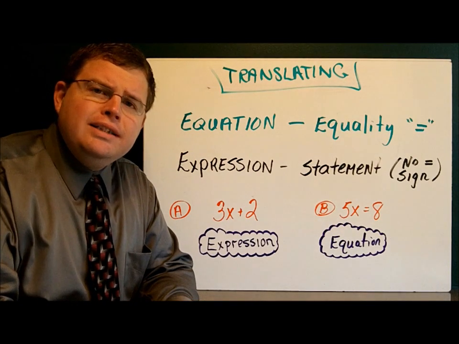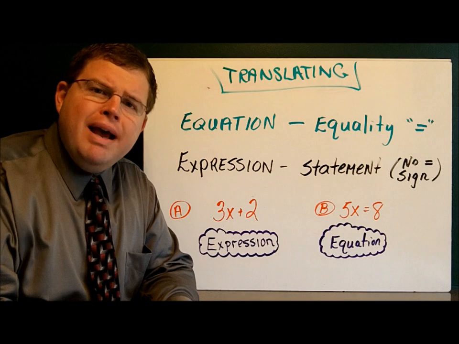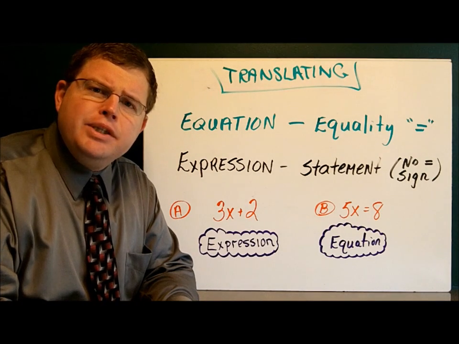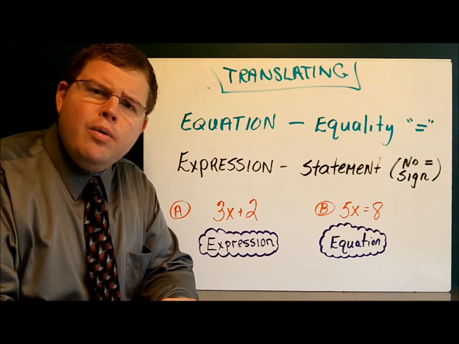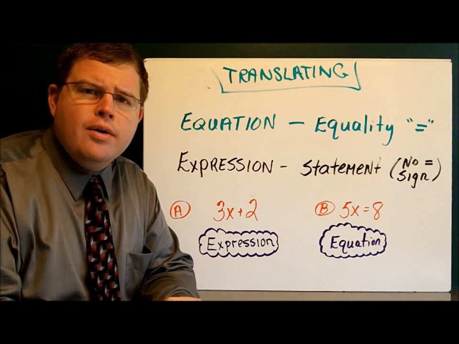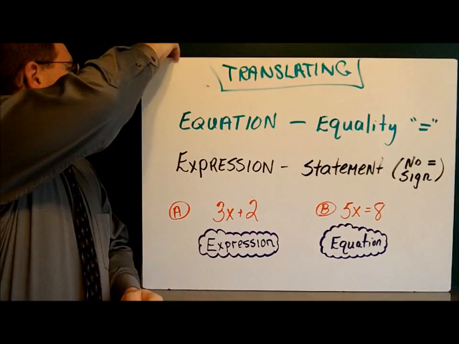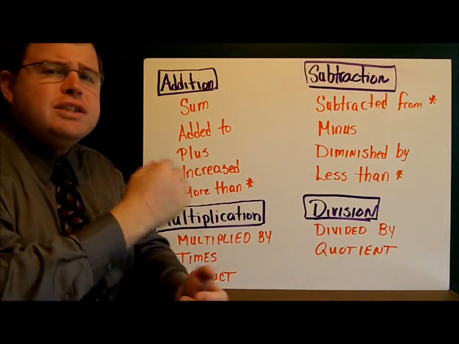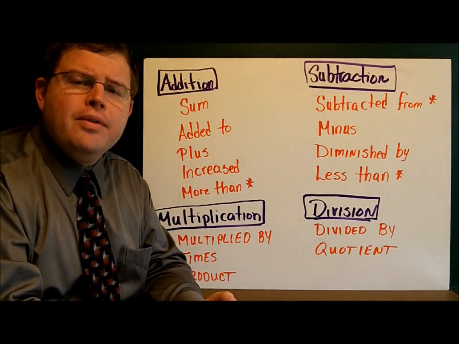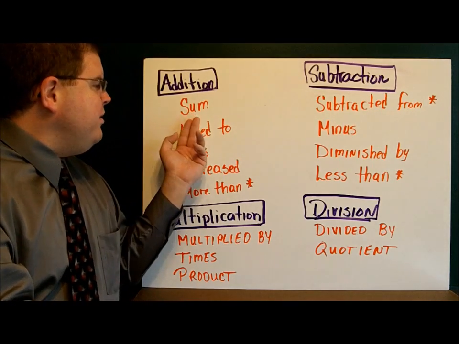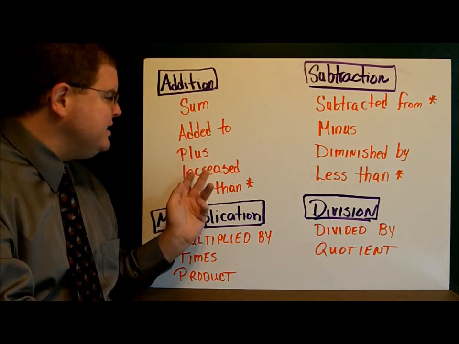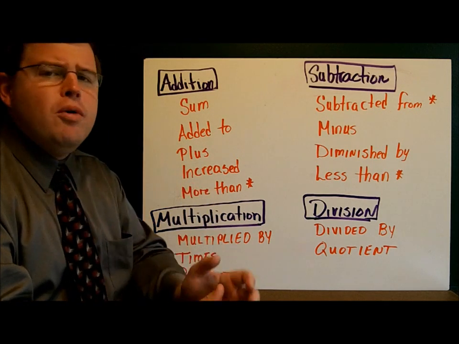And so let's take a look at some of the language of mathematics, some of the things that we should know that will help us identify how to write our equalities or our expressions. Here are some key words that are good to be familiar with. Words that imply addition: sum, added to, plus, increased, or more than.